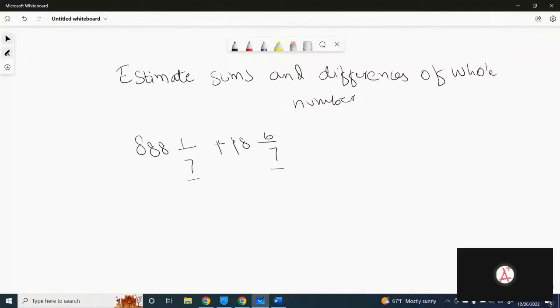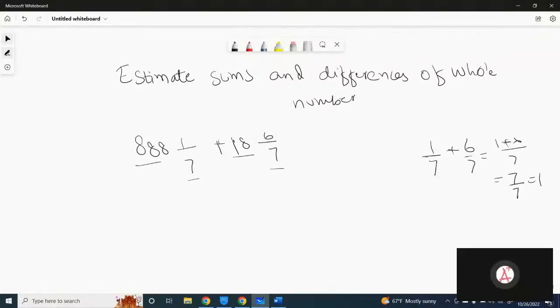When you have the same denominators, simply add their whole number parts. Just look at 1/7 and 6/7. They have the same denominator, so just add the numerators. 1 plus 6 makes 7 over 7, and it makes 1.